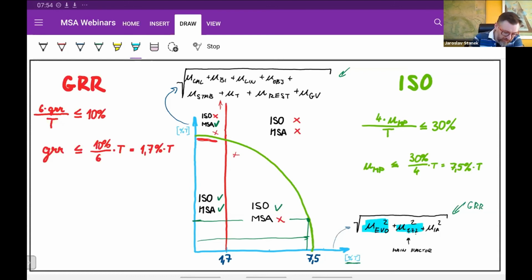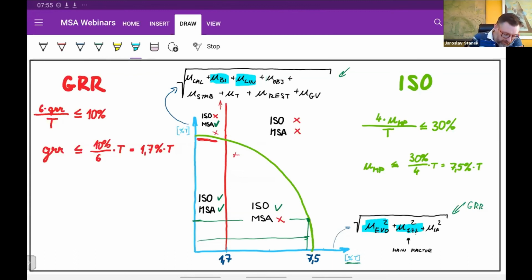And from the side of the measuring system, we need to take good care about the bias. That is a substantial component, together with the linearity. That's really a bias, but looked at from a slightly different perspective, as we spoke about in one of the past webinars.